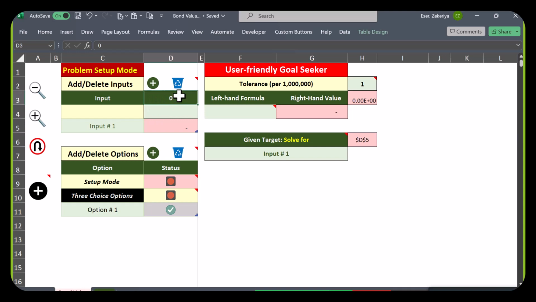It's actually converting it into a value. It's not saving the formula. That's interesting. Anyway, I was going to change this.